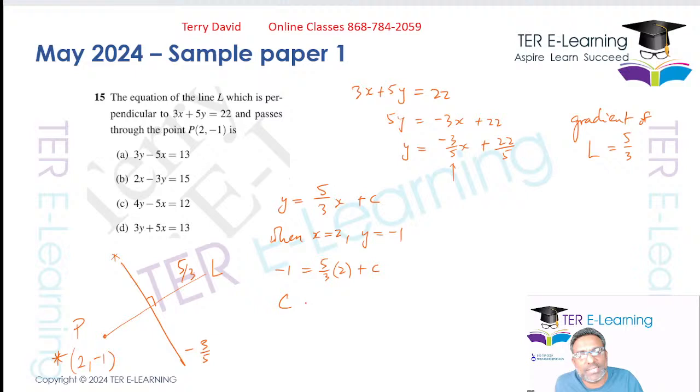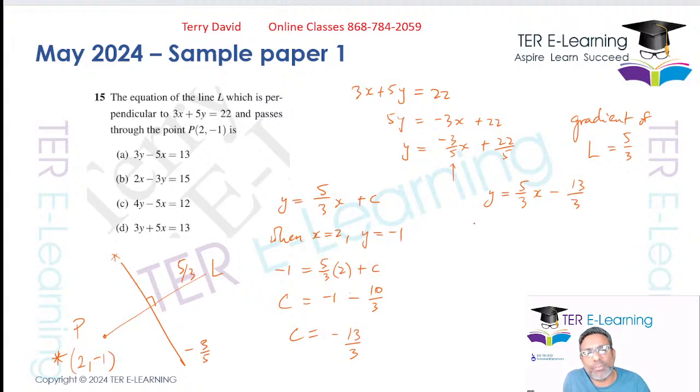So c is equal to negative 1 minus 10 over 3, and we get negative 13 over 3. So the equation of this line L is y equals 5 over 3 x minus 13 over 3. None of the answers look like that.